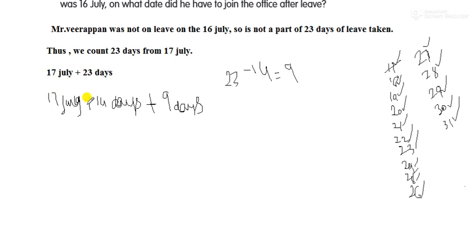Here, 17 July plus 14 days we will consider as 31 days, or 31st July. So here, 31st July plus 9 days, after July it's August. So it's 9th August.